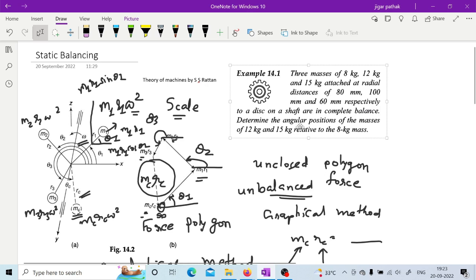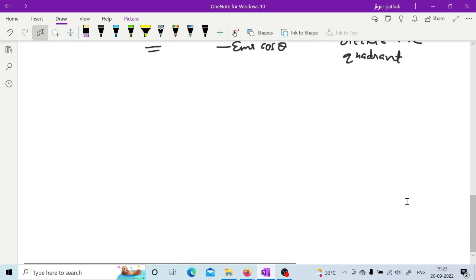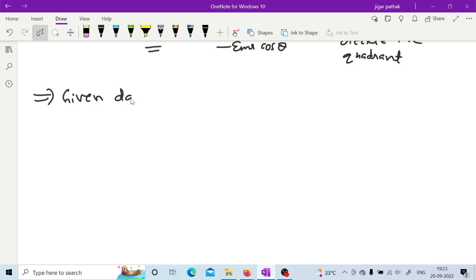Now determine the angular positions of the masses of 12 kg and 15 kg relative to the 8 kg mass. I am giving you some hints so that you can then start solving the problem.